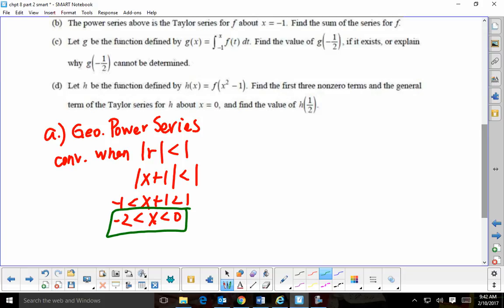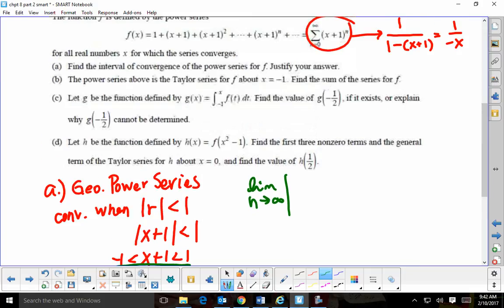You want to see how the ratio test would have worked out? Just so you can kind of compare it. It's not that long. Would you like me to do it really quick so you see? Okay. So I would take the limit as n goes to infinity of the absolute value of x plus 1 times x plus 1 to the n, because it's n plus 1, over x plus 1 to the n, which gives me the absolute value of x plus 1.